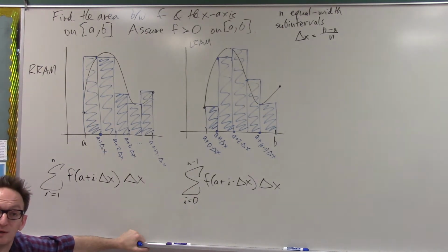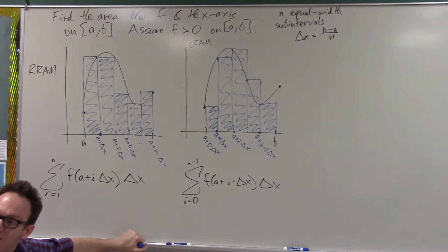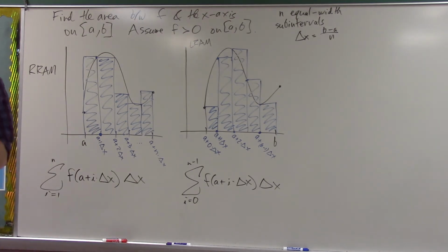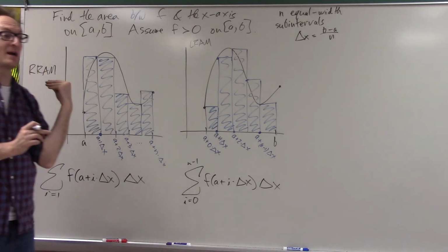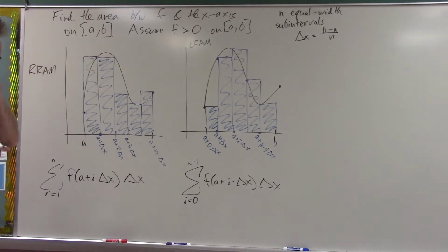Yeah, I might have asked the wrong question. In general, these are not going to be equal, right? They're a little bit different. And yet, the more rectangles you take, the more that difference is going to disappear, right? And neither of these is necessarily an overestimate or an underestimate because the function is both increasing and decreasing on the interval.